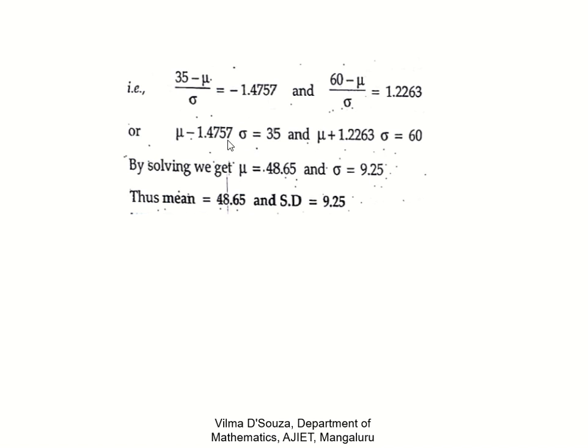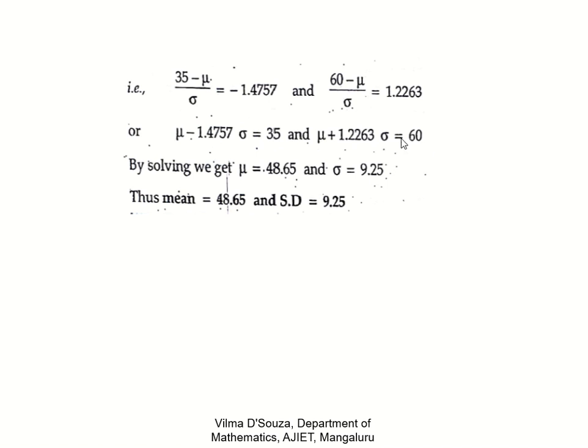Simplify and then verify, and you can observe 60 minus mu is equal to 1.2263 sigma, or mu plus 1.2263 sigma is 60. So verify both the equations. What we are getting here: mu minus 1.4757 sigma is equal to 35, and mu plus 1.2263 sigma is equal to 60.